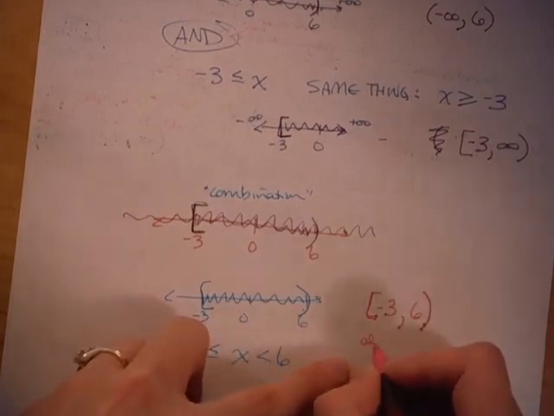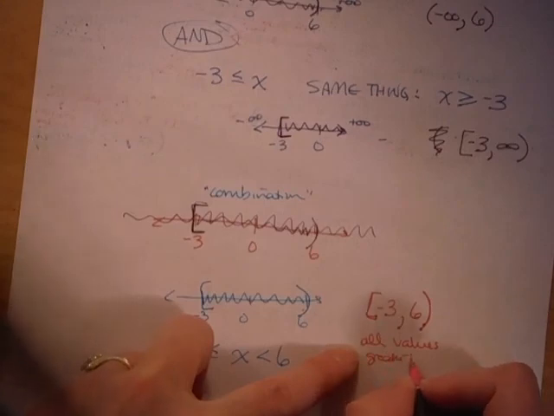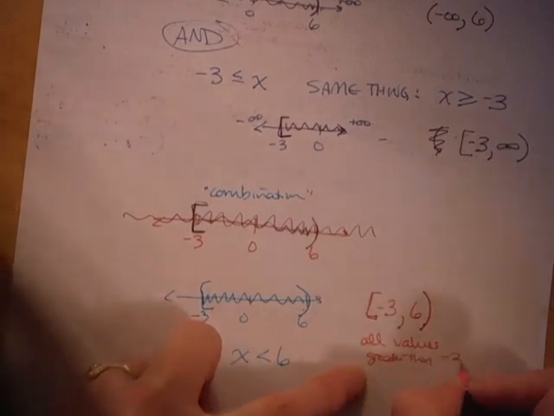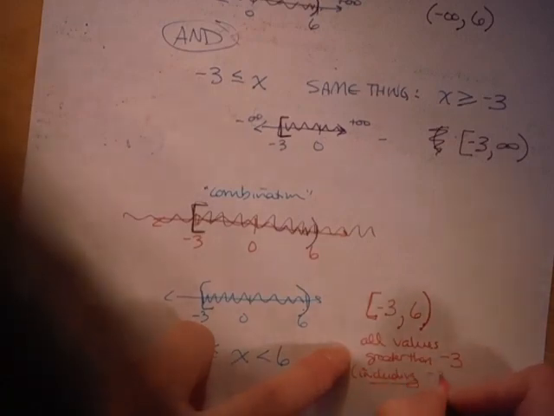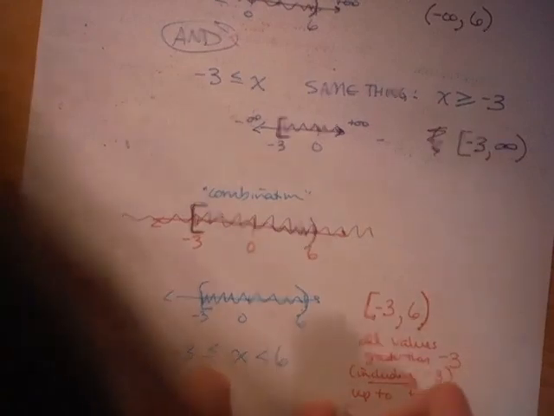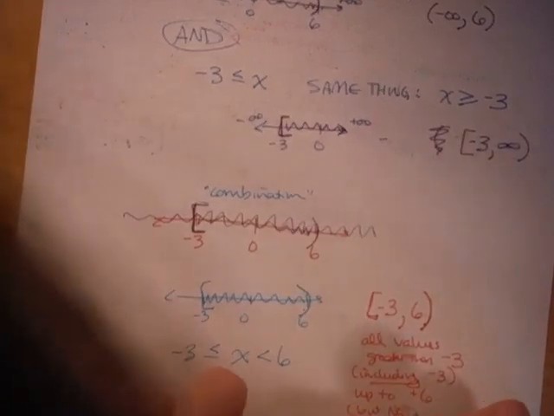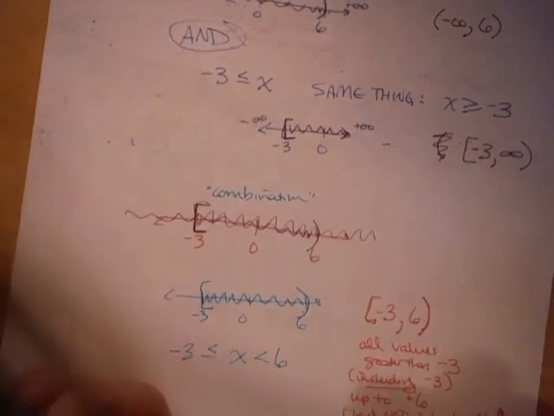Okay, so it's all values greater than negative 3, including negative 3, up to positive 6, but not including positive 6. So hopefully that helps with that.